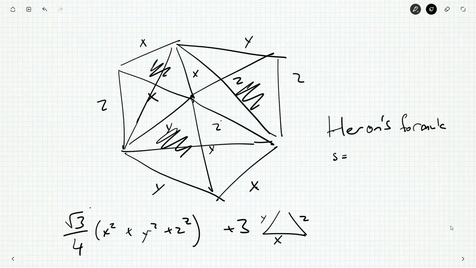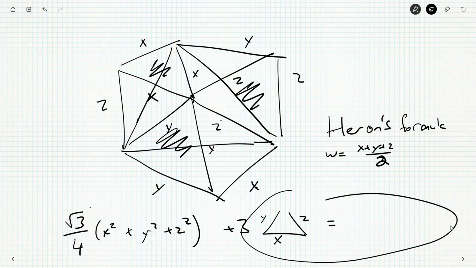So we let S, typically we say S for semiperimeter, but let's call it W, is x plus y plus z over 2. Then this area right here is the square root of W times W minus x times W minus y times W minus z. So really, as long as I knew these 3 lengths on the inside, I can get the area of the equilateral triangle, period. That's pretty nifty. The 3, 4, 5 was, I guess, just a coincidence all along.